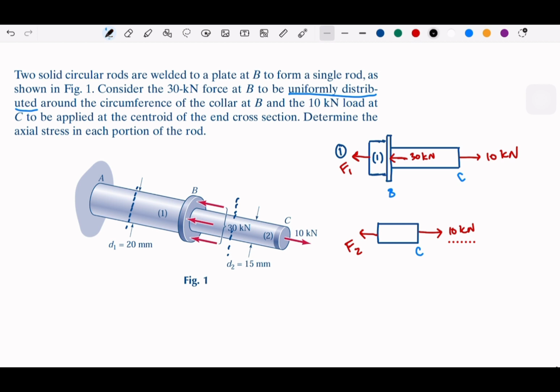Now from these two free body diagrams, so in mechanics of materials, we always start with the free body diagram, okay?